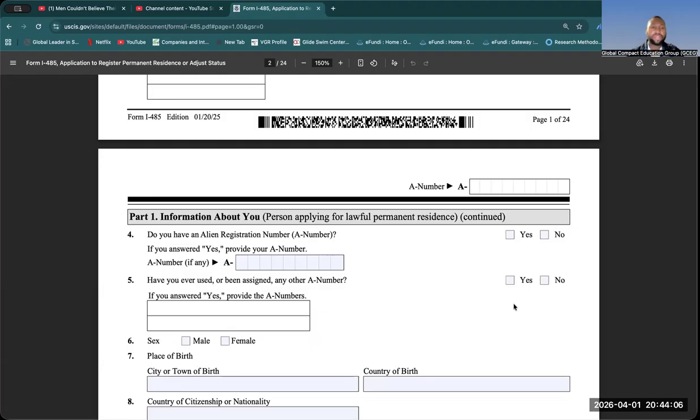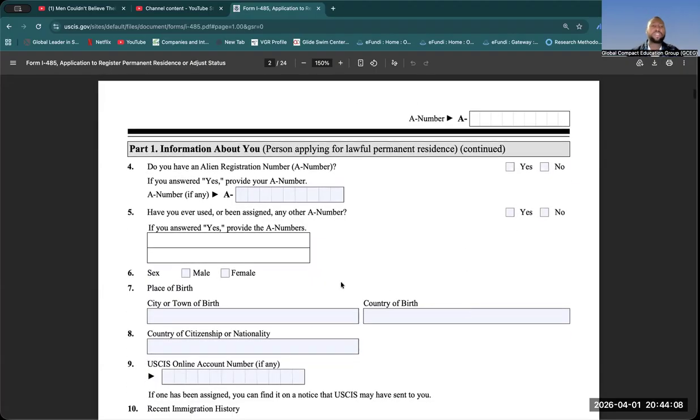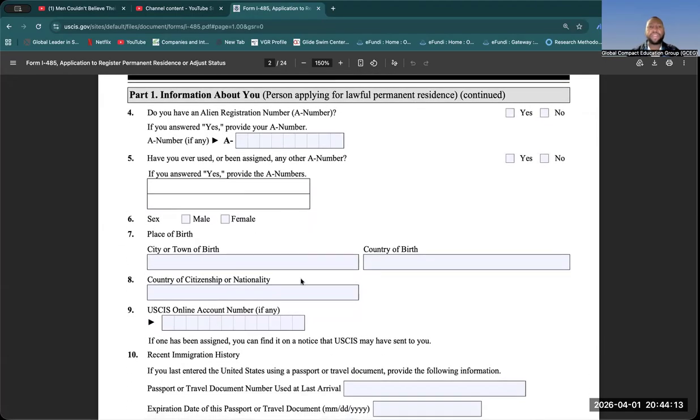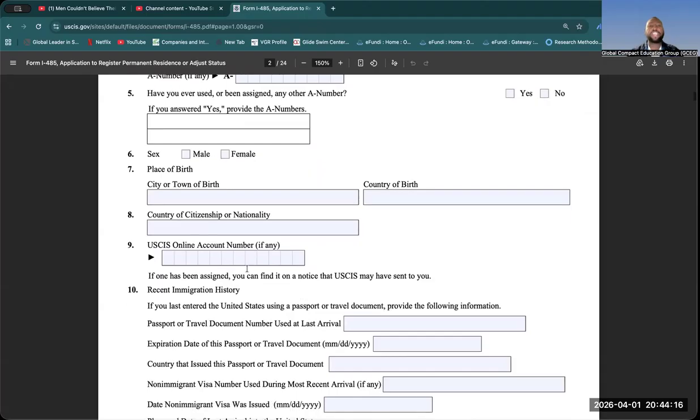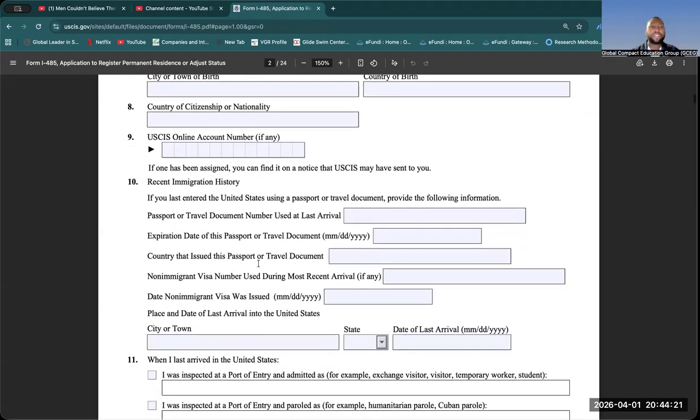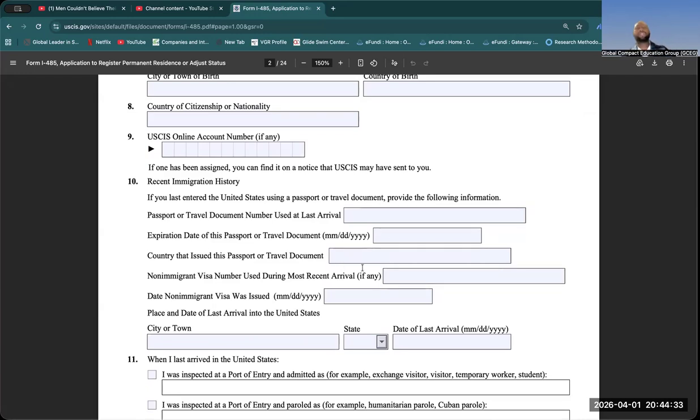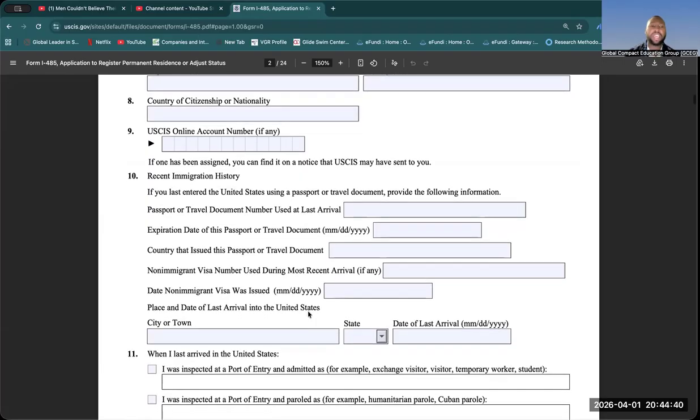Here you answer these questions. It's straightforward. You put your gender, place of birth, nationality, USCIS online account number if you do have it. Then recent immigration history: passport or travel document number used at last arrival, date, country that issued this passport, non-immigrant visa number used during the most recent arrival, if any, and all that.